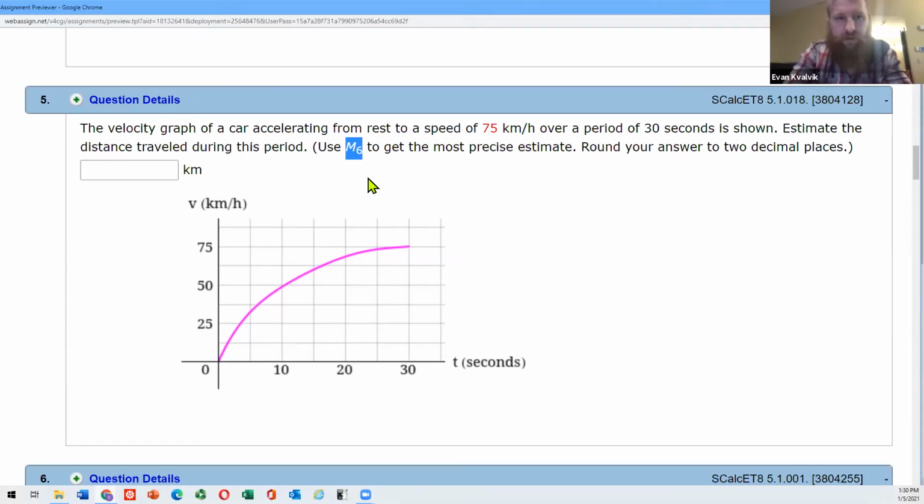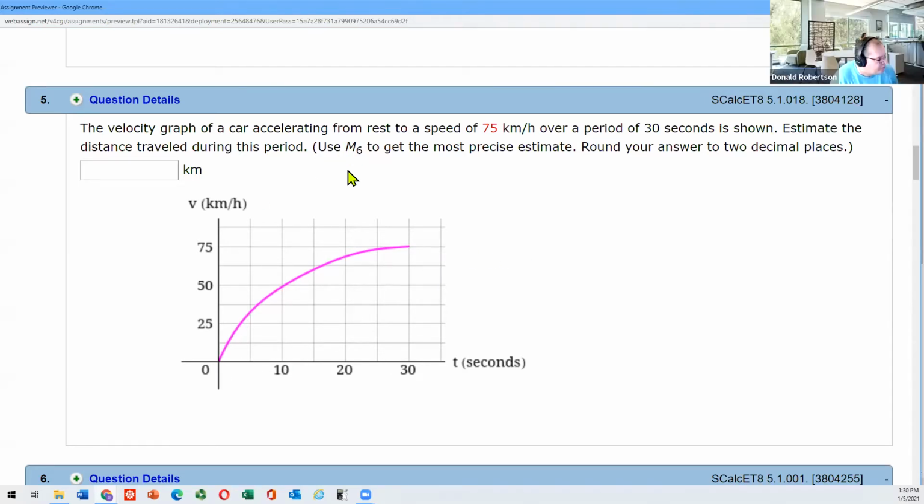Hey, on question 5, can you just explain how to find delta x on this one? Sure. In this question, seconds, right. So in question 5, we started at 0 and we finish at 30. And the 6 tells me it's going to be 6 strips. So B take away A over N: start, take away, finish, divided by how many strips?